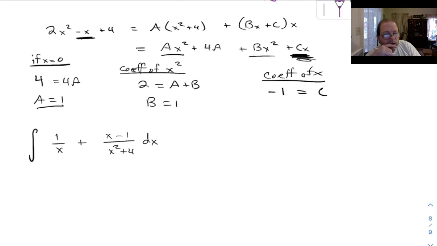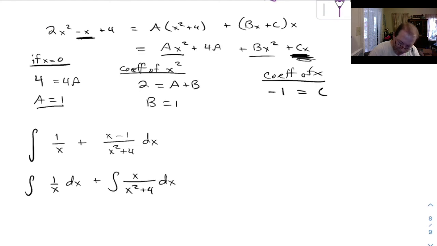All right, so now I'm going to split this into 3 integrals: 1 over x, x over x squared plus 4, and then 1 over x squared plus 4. This one's going to give us a natural log. This one we've got to do a u-sub. And this one is going to be an arctan.